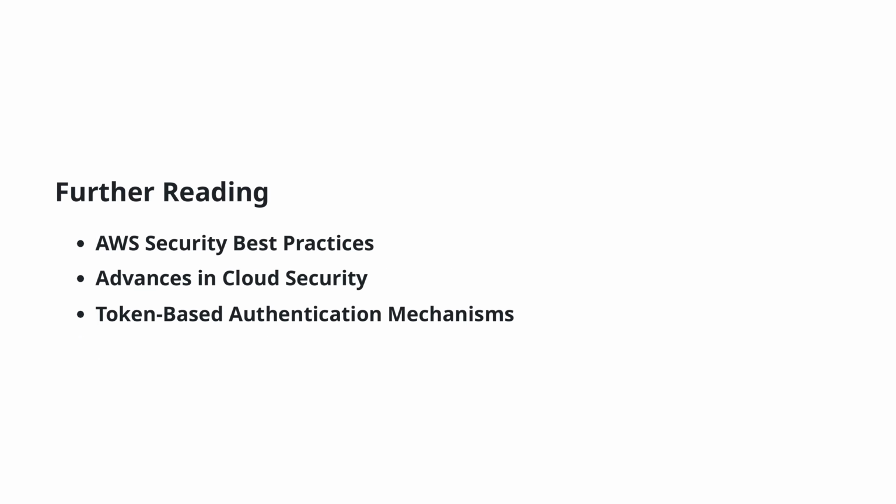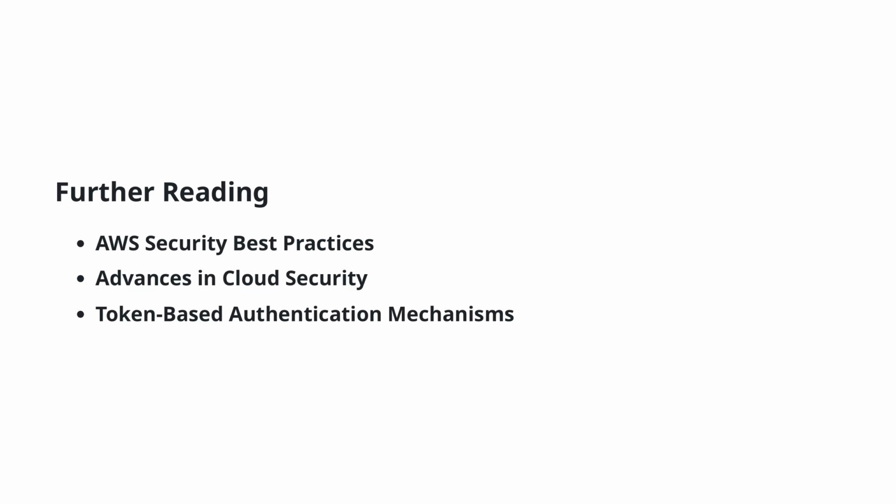For those looking to expand their knowledge further, this slide highlights some valuable resources for continued learning. First, AWS Security Best Practices is a comprehensive guide that can help you understand the most effective strategies for securing your AWS environment. Advances in cloud security will provide insights into the latest developments and innovations in cloud security, ensuring you stay current with modern methods and technologies.